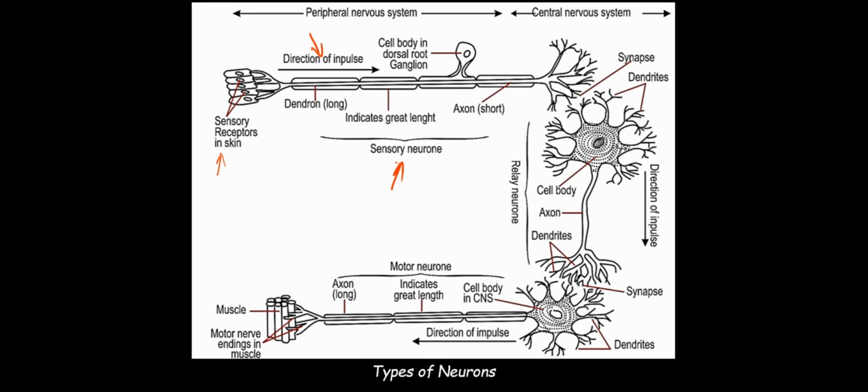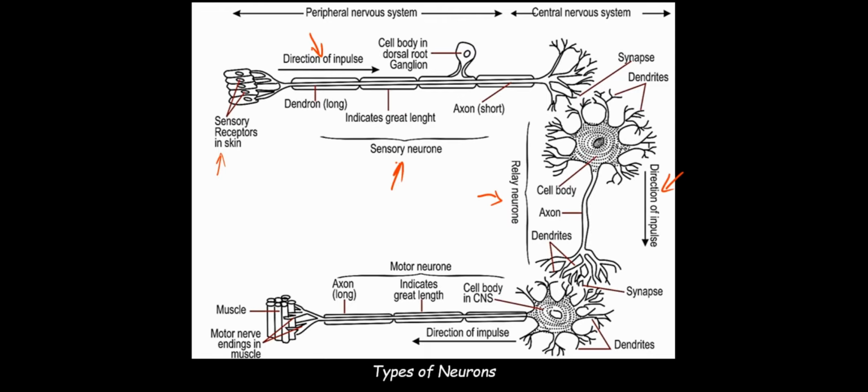After the sensory neuron, the next neuron we'll talk about is the intermediate or relay or association neuron. This intermediate neuron joins the sensory neuron with the motor neuron. We can see the direction of impulse of the neuron, that the impulse is actually coming from the central nervous system to the motor neuron, and it's connecting the sensory neuron to the motor neuron.